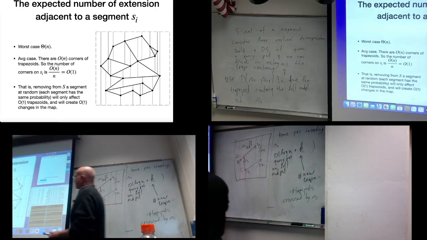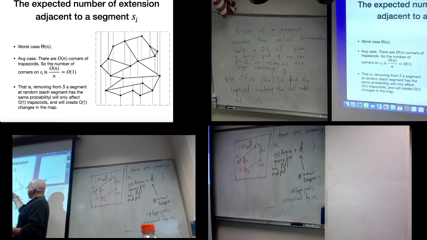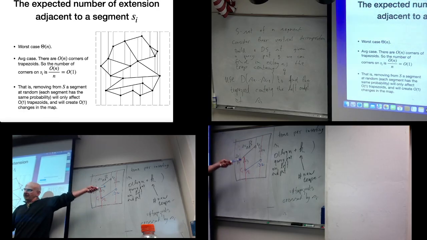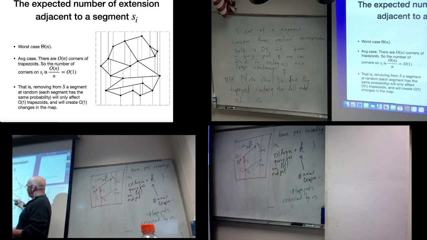That if I pick a segment and remove it, how many walls need to change? Worst case, n. Here's a worst case example. But if I pick a random segment, average case, no matter how bad the scenario, you're just changing a constant number of walls.